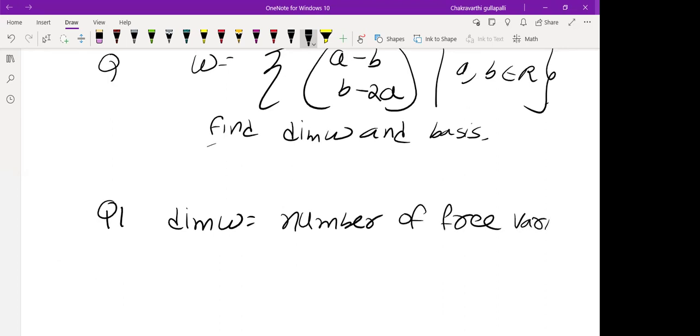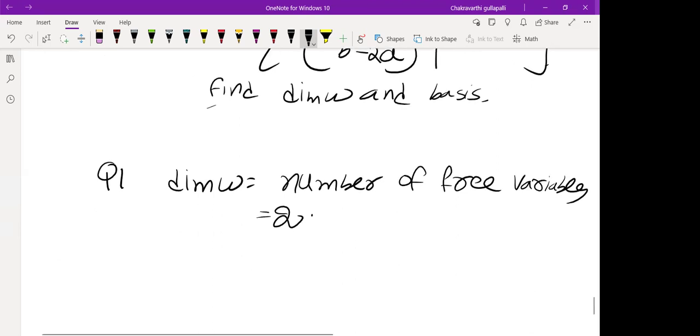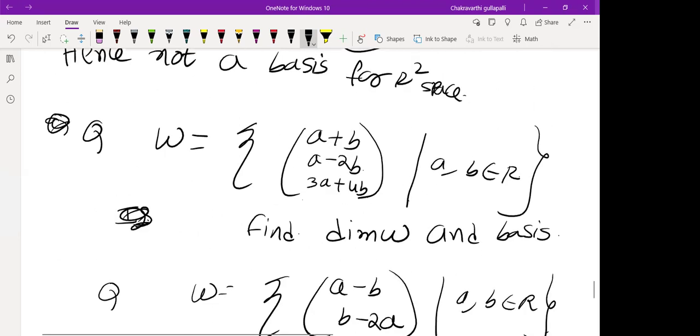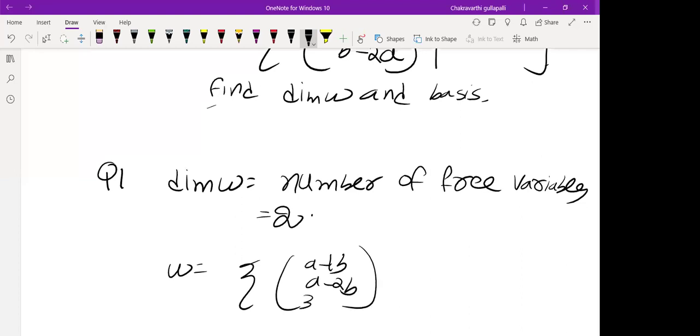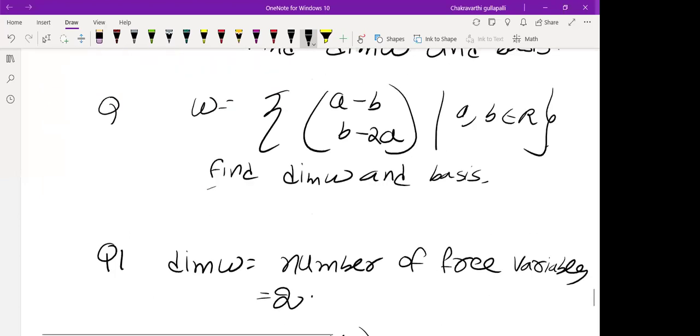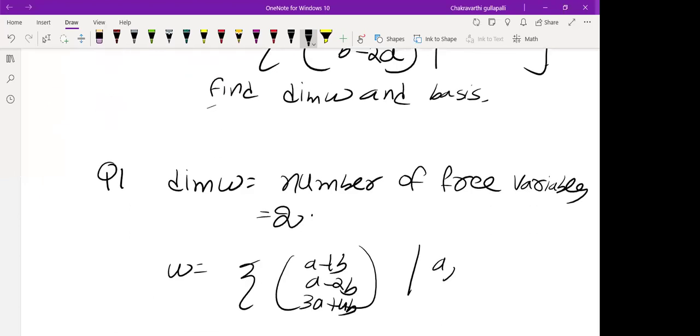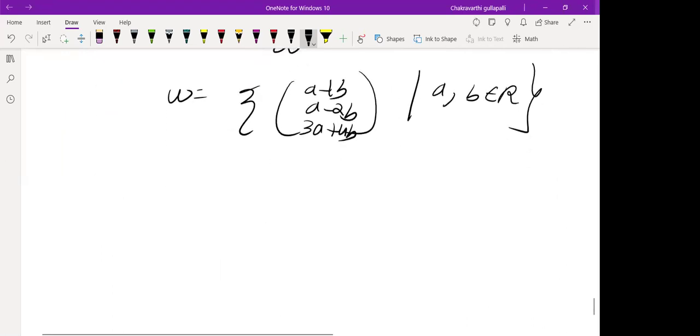It's equal to 2. Then we want the basis. What is the basis? So W is equal to (A plus B, A minus 2B, 3A plus 4B), such that A, B belong to R. First we should know the spanning set.